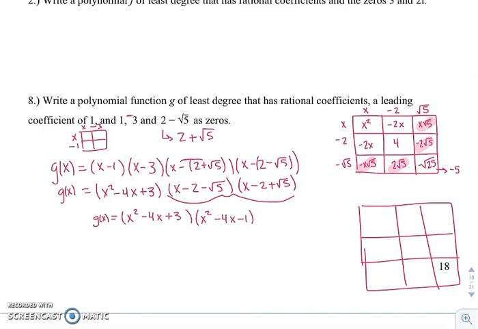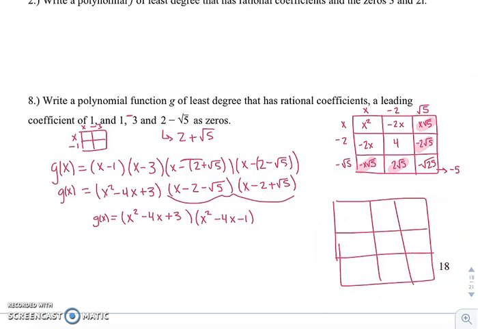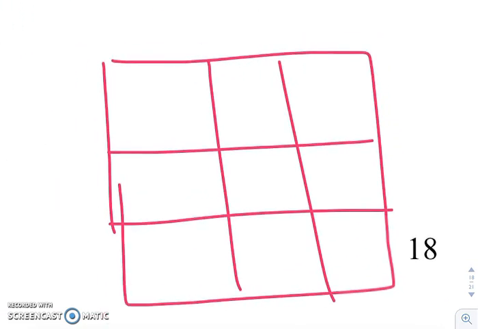So if you did do another 3 by 3 box, we can just keep going with that. That's fine. One side would be x squared minus 4x minus 1. And then x squared minus 4x plus 3.